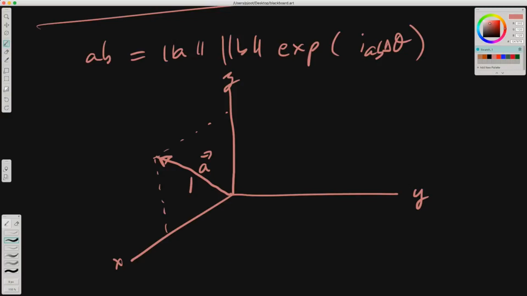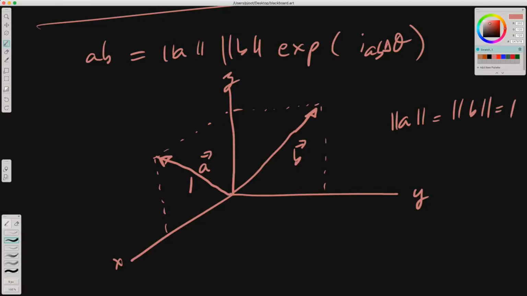And let's also make a length 1 vector B. So here we have A equals B equals 1.